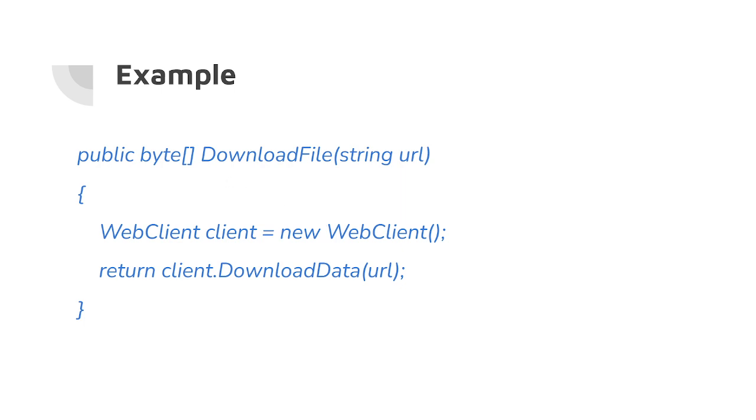For example, let's say this is the example of synchronous programming. Here we are creating an object of WebClient. WebClient is a built-in class in .NET, which can be used for making HTTP requests. We are creating the WebClient instance to download the file from a specified URL.